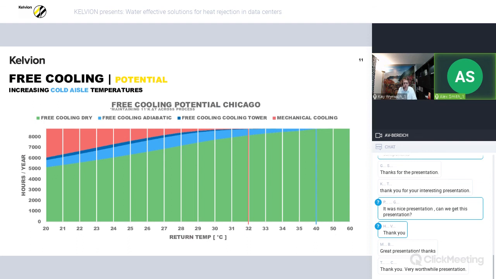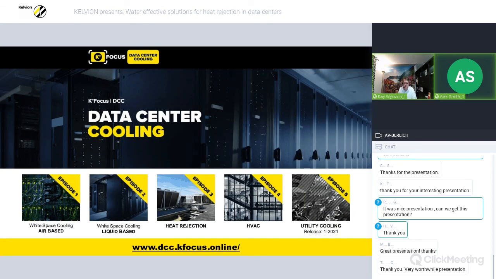If we go back maybe to the slide, this is the one slide. We put quite a lot of work in, and our marketing department also put a lot of work in. If you want to look, you can download the white papers as well. We present the different options that are possible for heat rejection, but also for liquid cooling, and also what we're doing on the air-based cooling with customized units.